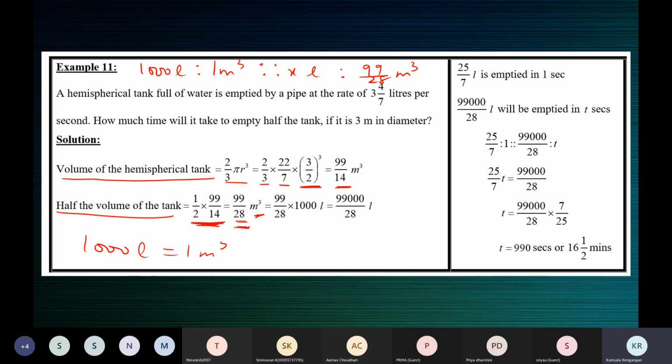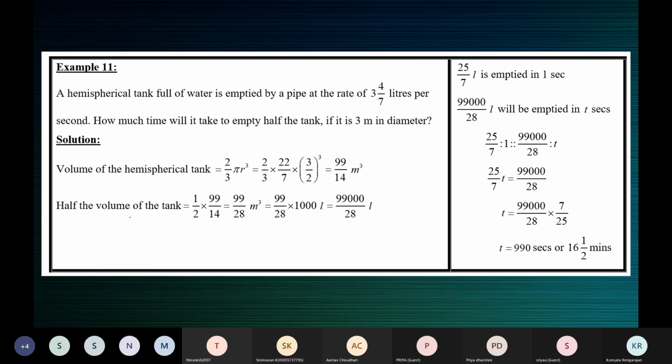So you can see product of extremes, you'll have to multiply 99 by 28 and 1000, equal to product of means, X into 1 is X. So you'll have to multiply by 1000 to convert meter cube to liters. 1 meter cube is 1000 liters, children. So we converted.